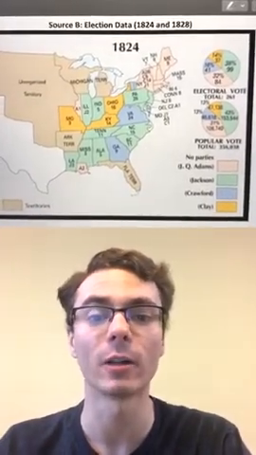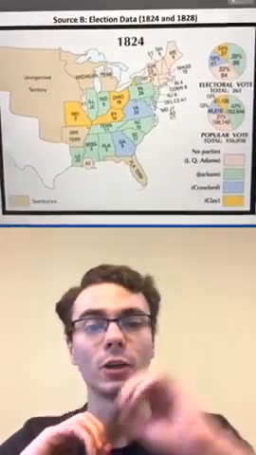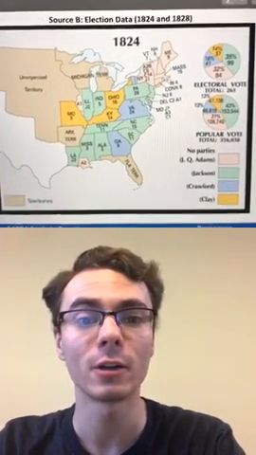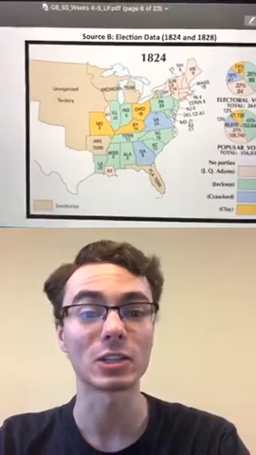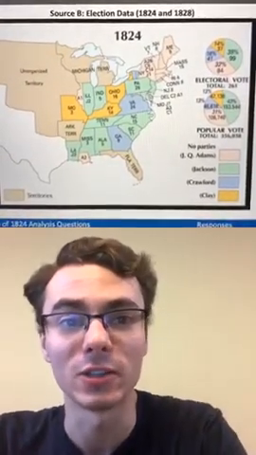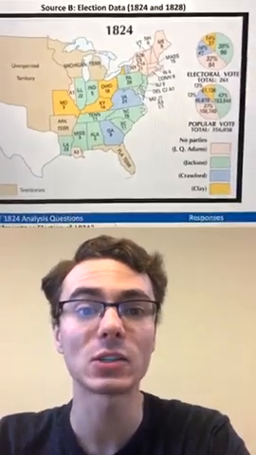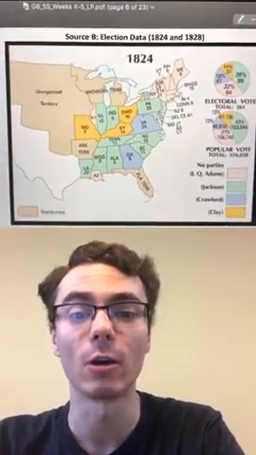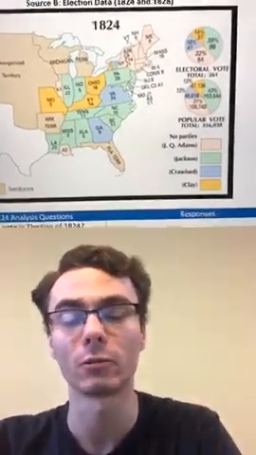So you have a lot of people splitting off, you have multiple people running, and the more people that run, the less chance it is that someone's going to win off just the votes. Because as we can see, nobody has 50%. So they had to figure it out a different way that we'll get into.